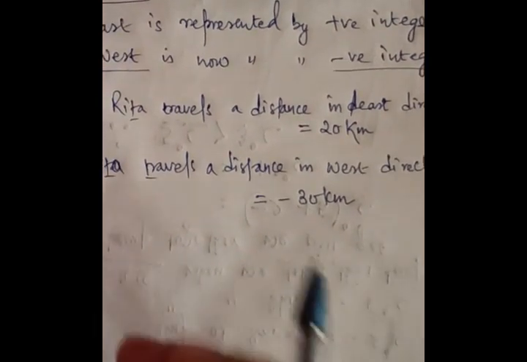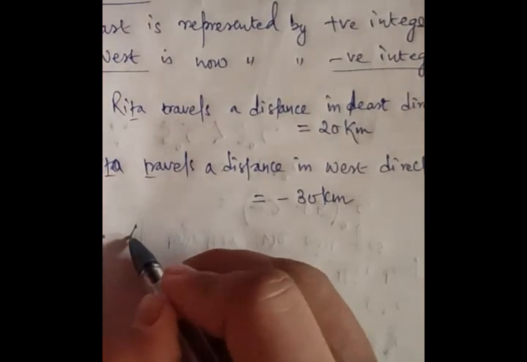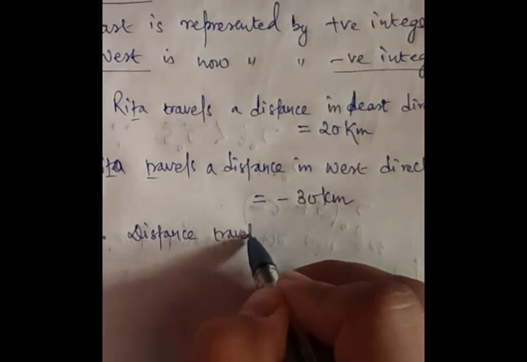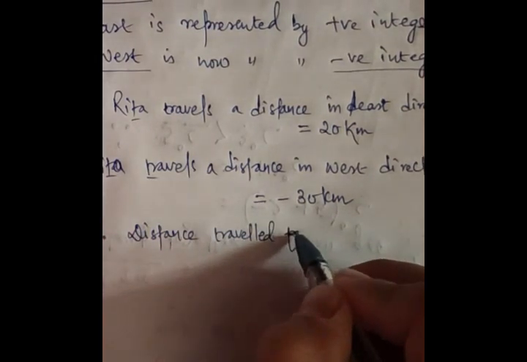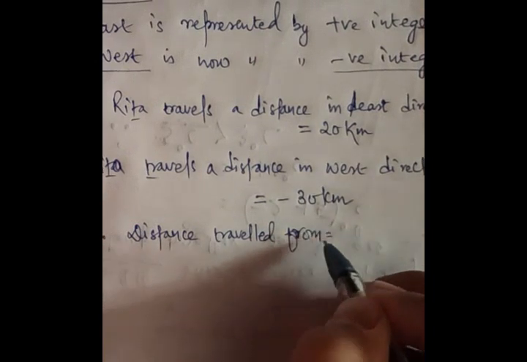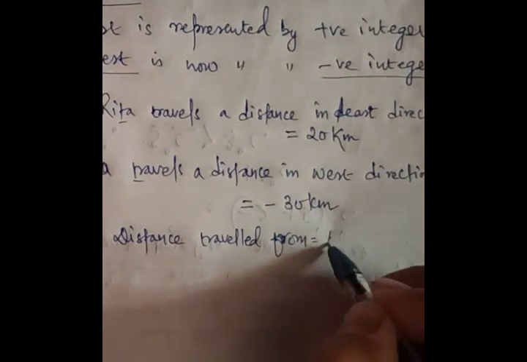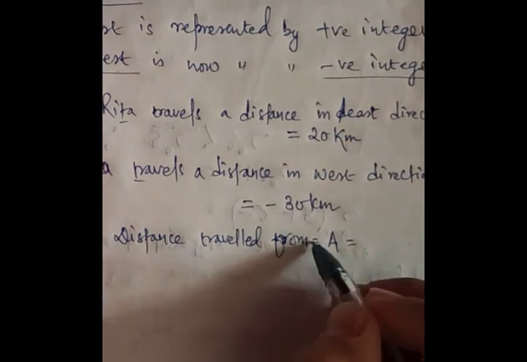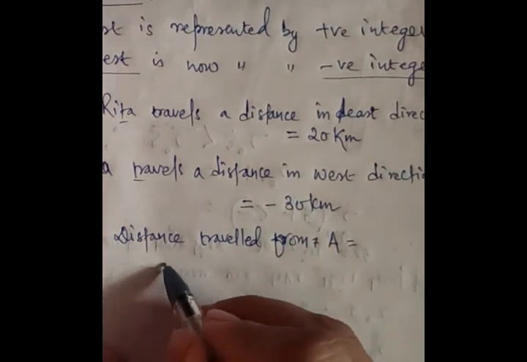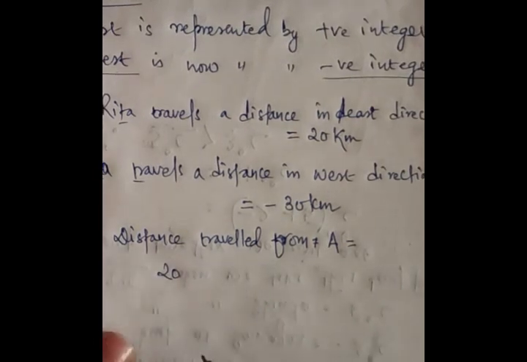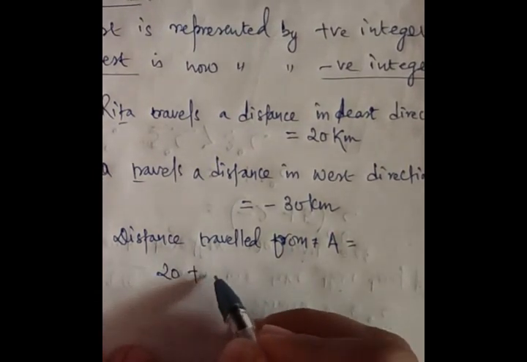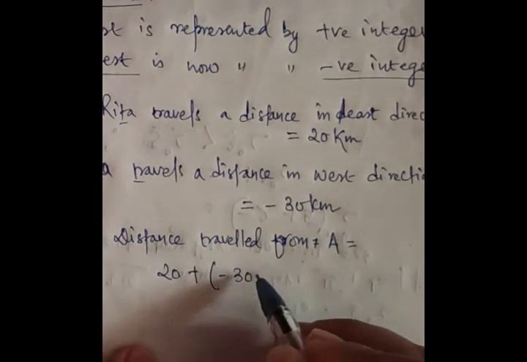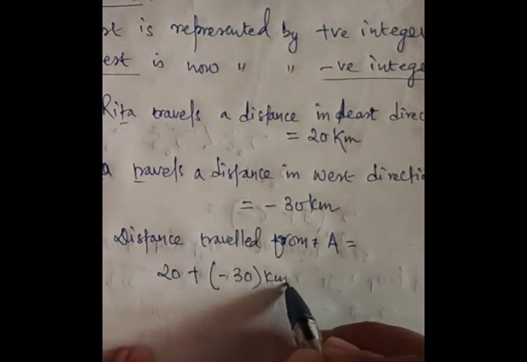So the distance traveled from point A, you have to find. From point A, first she moved towards the east, which was 20, and then she came back towards the west, and she moved 30 kilometer, which is minus 30.